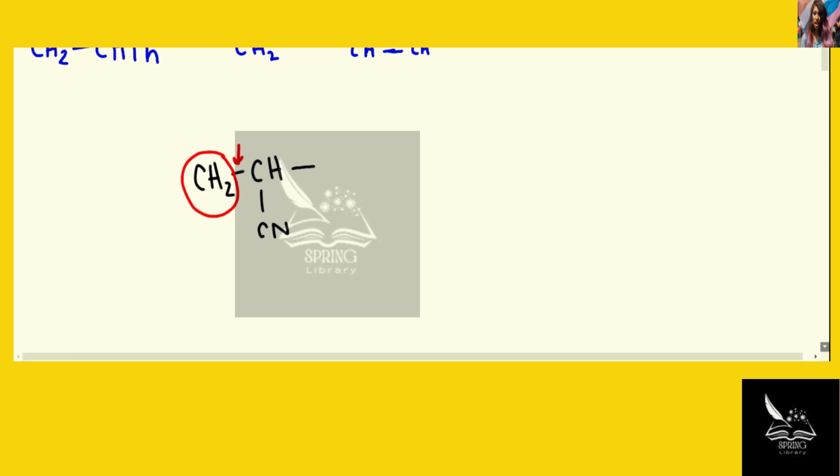That means that carbon only has 3 bonds. Carbon is supposed to actually have 4. So what we do is we're going to pretend that there is another structure attached to that carbon right there to give it 4 bonds. Okay, so that right here is our acrylonitrile.